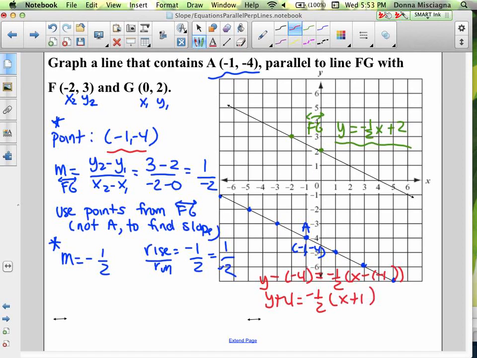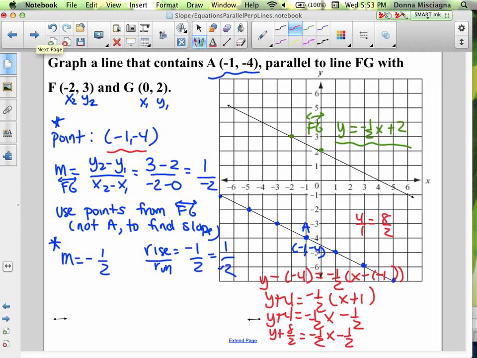We'll distribute: y plus 4 equals -1/2 x minus 1/2. And 4 is the same as 8/2, we just multiply both of those by 2. So y plus 8/2 equals -1/2 x minus 1/2.